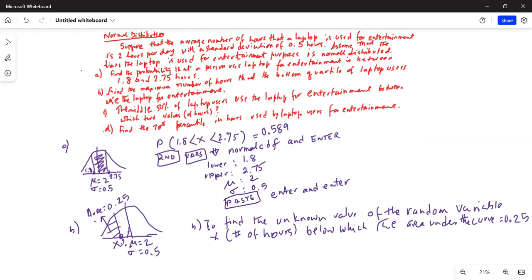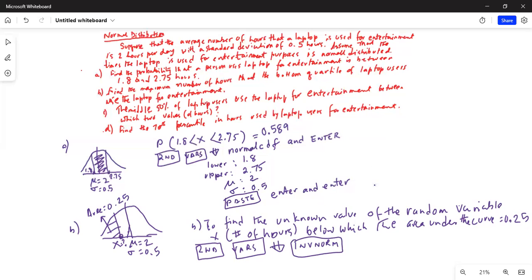In this case, we know the area, but we do not know the unknown x. We use second, then vars key again, and then we scroll down to invNorm, which is number 3. Okay, so second vars, and then we scroll down to number 3, which is invNorm, and hit enter.